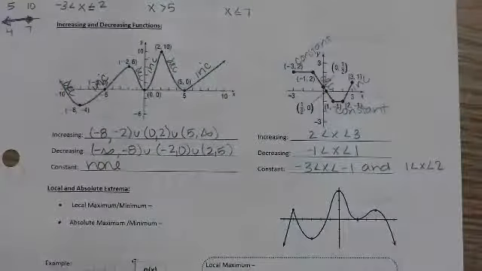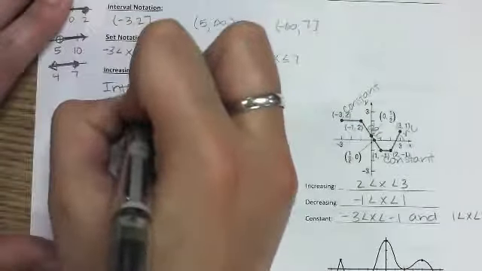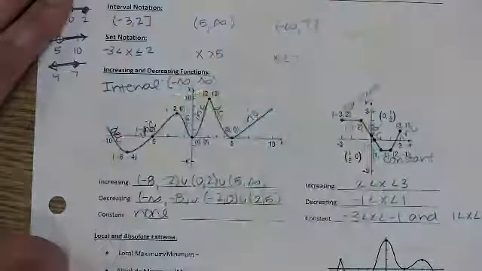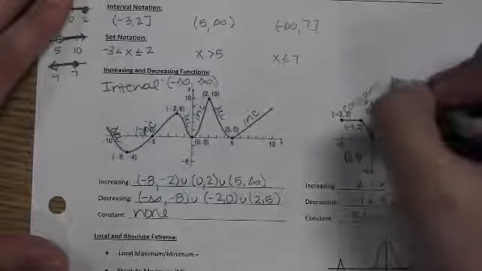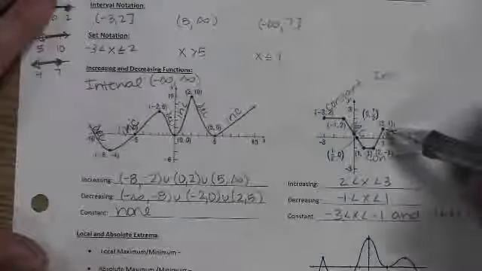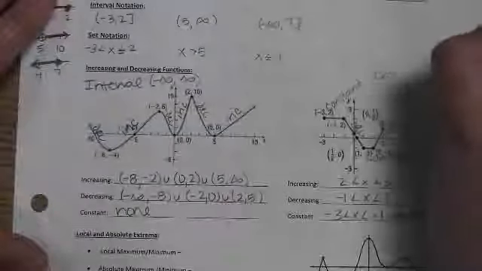I cut things off here. Here you have arrows so it goes on forever. So one thing that you'll want to keep in mind is the interval of the overall graph. So the interval for this graph was -infinity to infinity, included everything. But the interval for this graph was from -3 to +3.